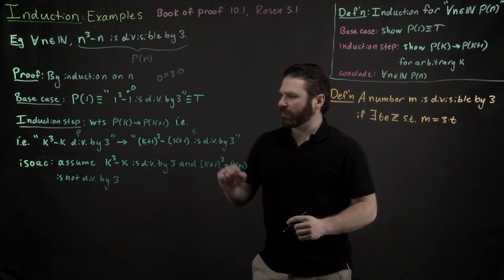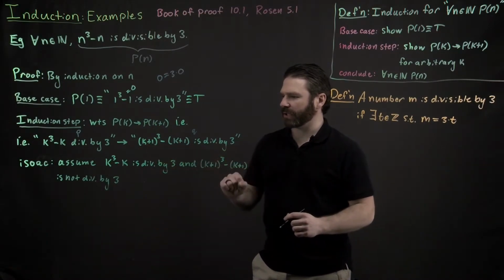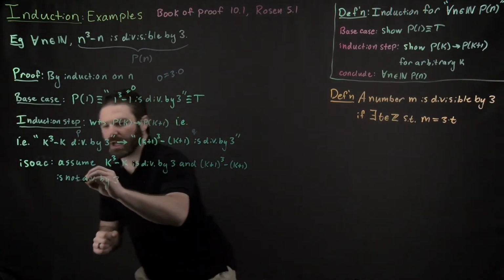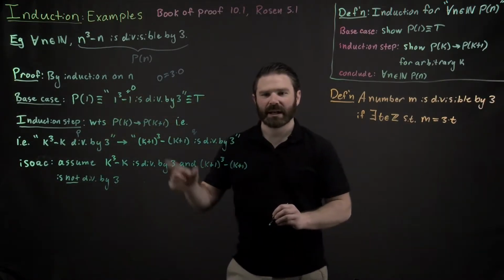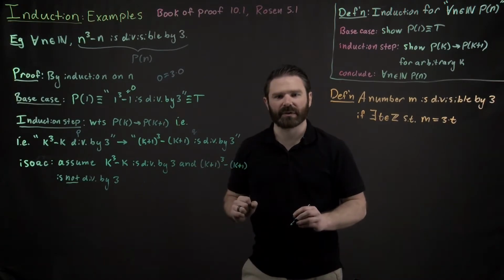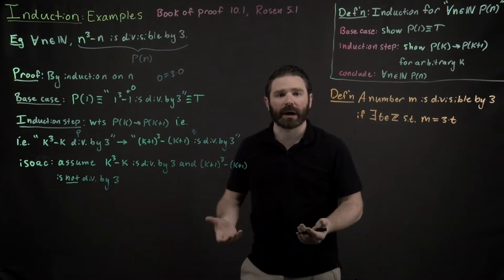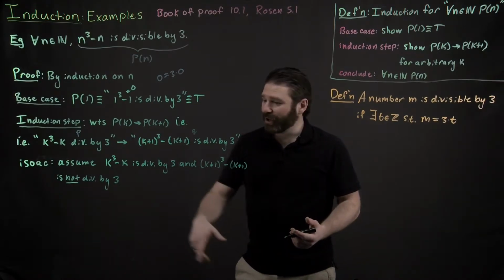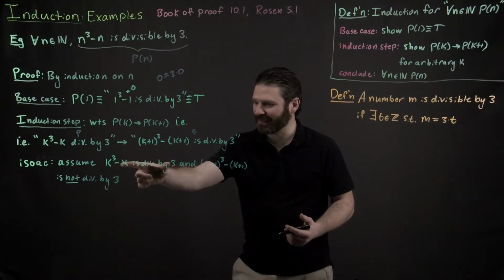Okay, so proceeding in search of a contradiction, I've assumed my hypothesis and I assumed not my conclusion, that this expression is not divisible by 3, and I somehow want to derive a contradiction. So again, we gather all the information that we know about this statement right here.